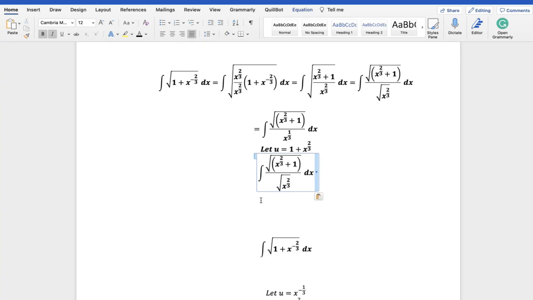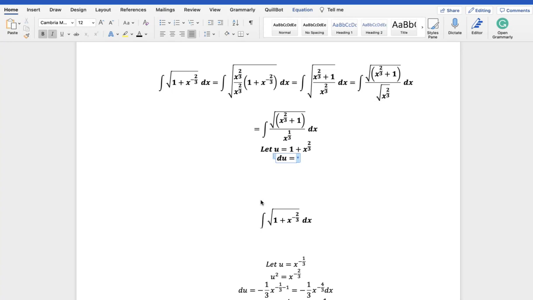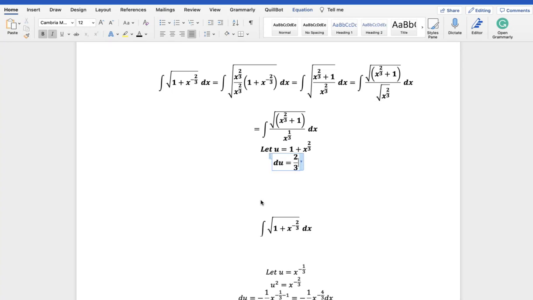So then your du will be equal to the 2 over 3 can come down, multiplied by x to the 2 over 3 minus 1, which is just negative 1 over 3, right? Multiplied by dx.